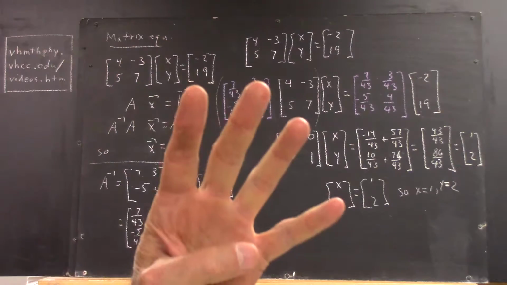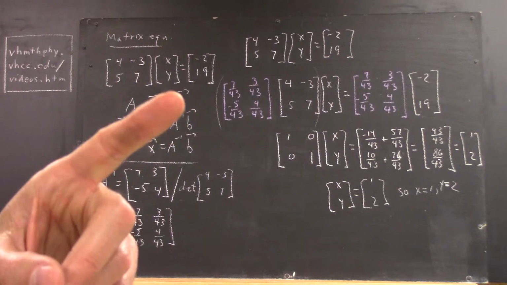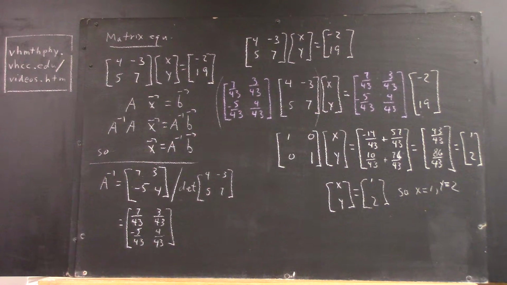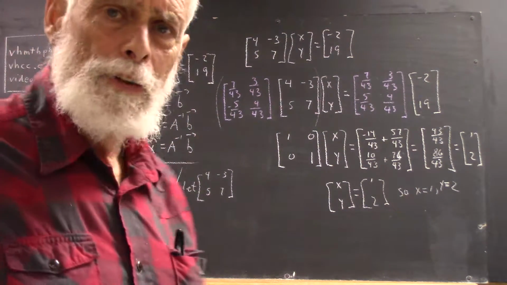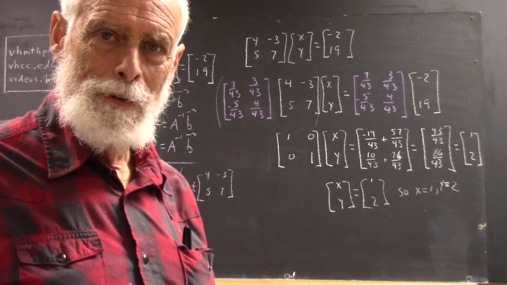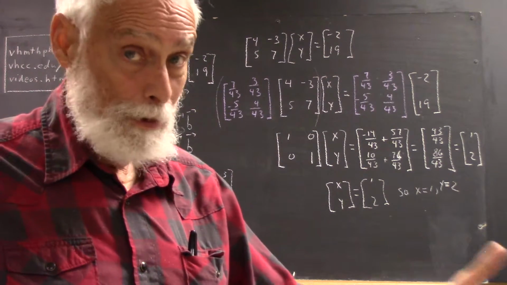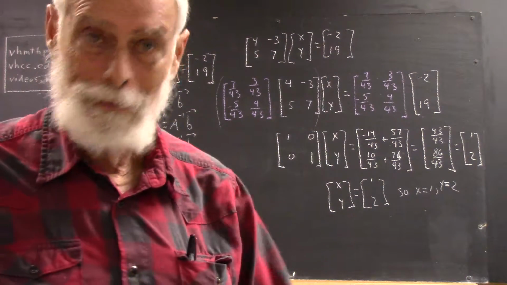Now, those 4 things, okay? You got to know how to do those 4, and if I ask you to do all 4 in a test, you're going to have to do all 4. If I ask you to do just one, you got to do the one I asked. Now, as I said, if I ask you to do one method and you don't remember how to do that method, well, do all 3 of the others, and you're not going to get full credit, but I'll be reasonably generous.